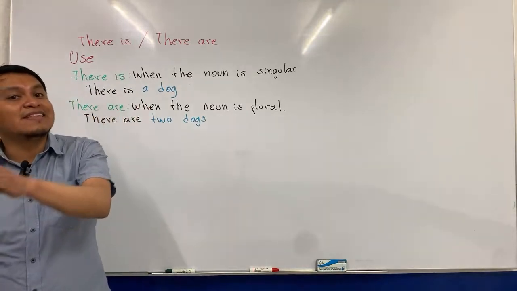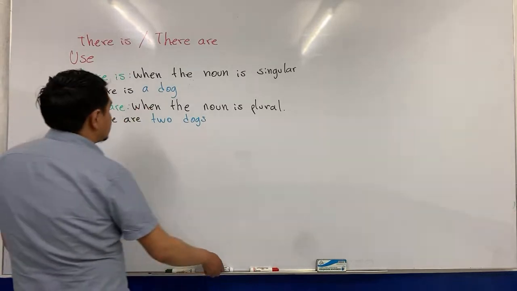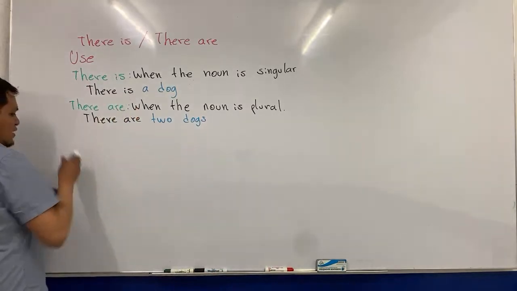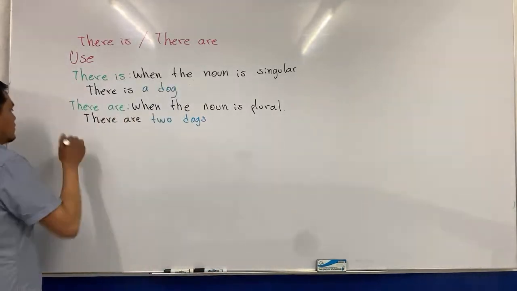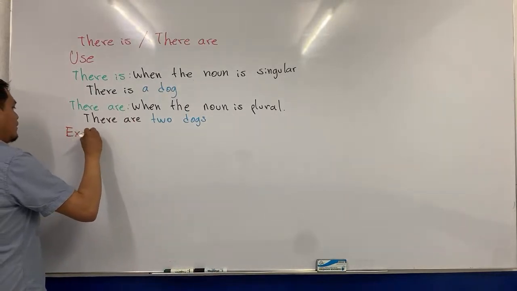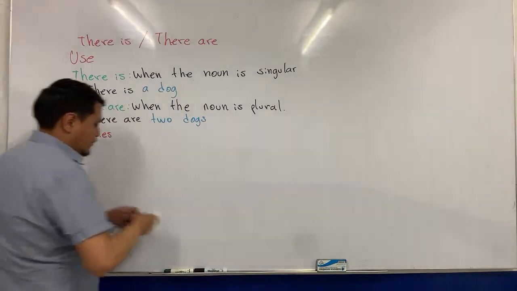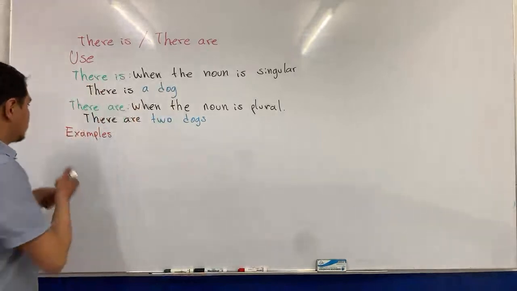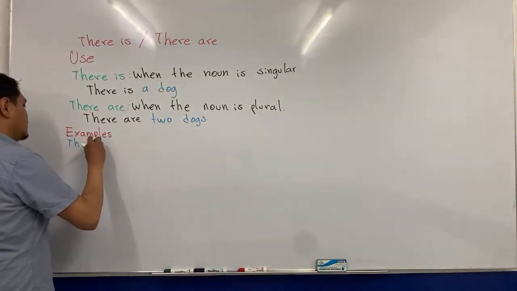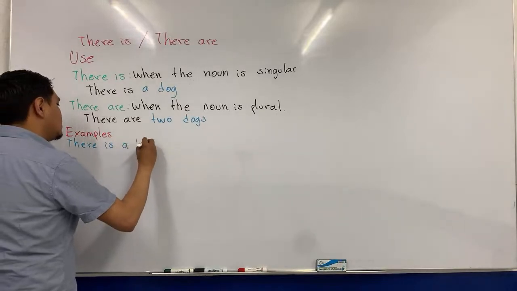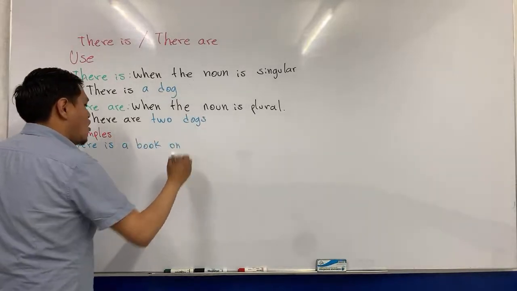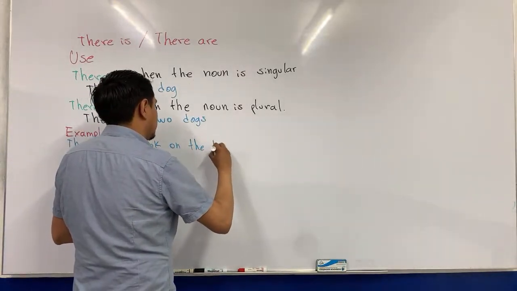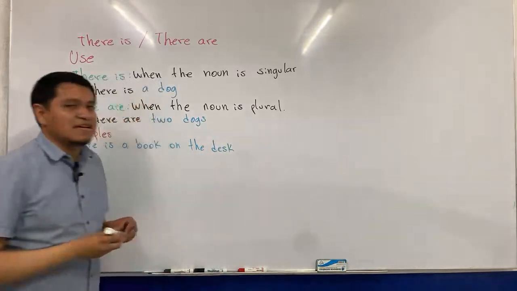Another example with this rule. There is a book on the desk. I told you, there is a book on the desk.